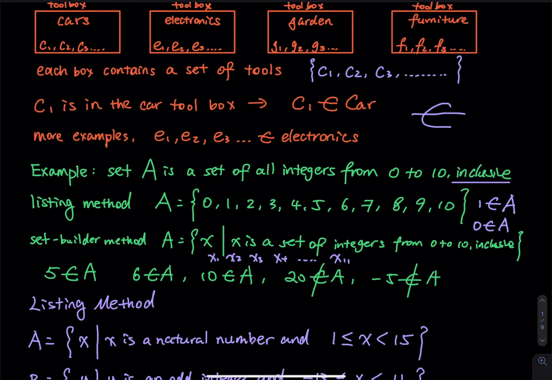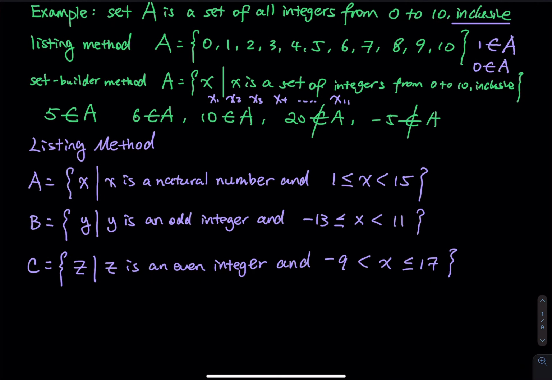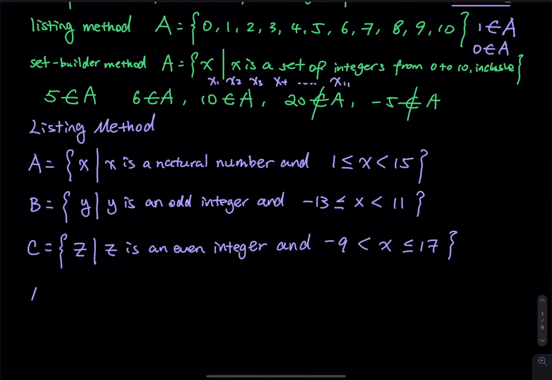So let's take a look at the listing method. For the listing method, I have three sets. Set A is x such that x is a natural number and x is between -1 and 15. How do you list set A? From 1 to 15 natural numbers, but I do not want to include 15.